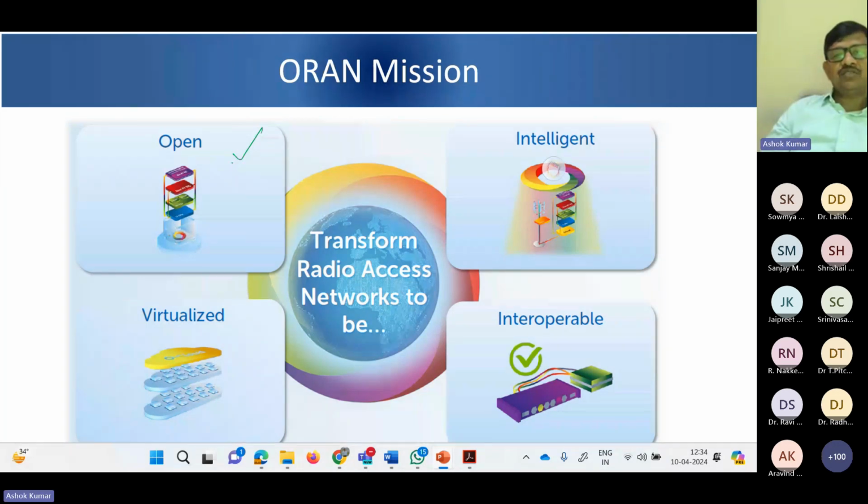So all the interfaces should be open. Deployment should be possible on a virtualized environment. Then it has to be interoperable, that one RU is working with other DU and CU. And it has to be intelligent. Some AI ML stuff should be part of the radio. So these were the 4 missions of ORAN Alliance.